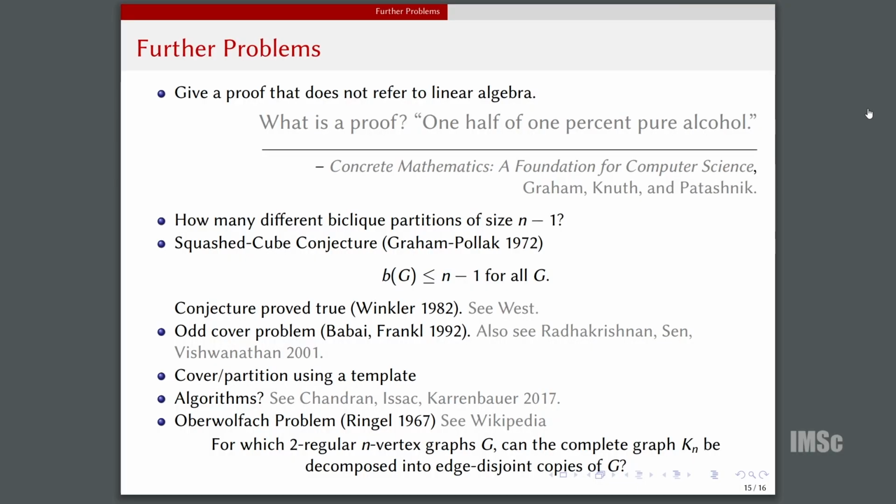Disjoint cycles. So you want to partition the complete graph using G, where G is a disjoint union of cycles. This problem had appeared in some conference around this time. What they wanted to do is find a seating arrangement of mathematicians around a round table, so that everyone gets to meet each other or something. If you see Wikipedia, it says this problem is almost solved except for only 4 cases. You are welcome to check out those 4 cases and think about this from the partitioning problem perspective.